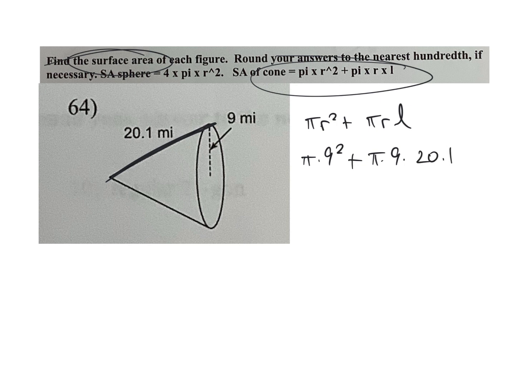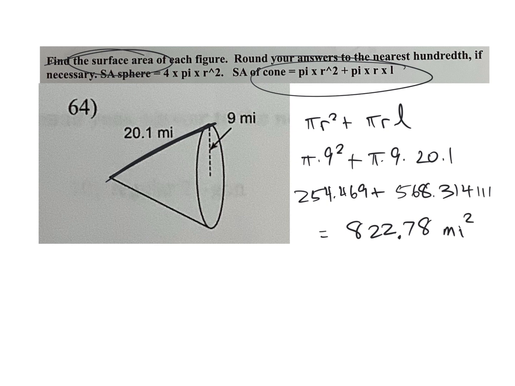So 81 times pi. And we have 9 times pi times 20.1. So add those together, and you should get 822.78 square miles.